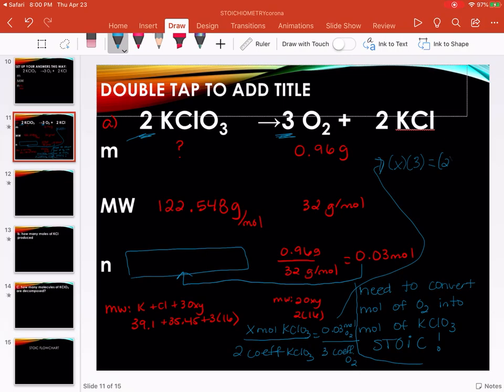Okay, so the 3 and the 2, now it's easier to do the cross multiplying. X times 3 equals 2 times 0.03. Okay, so to get rid of the 3, you have to divide. So 2 times 0.03 divided by 3 is 0.02.